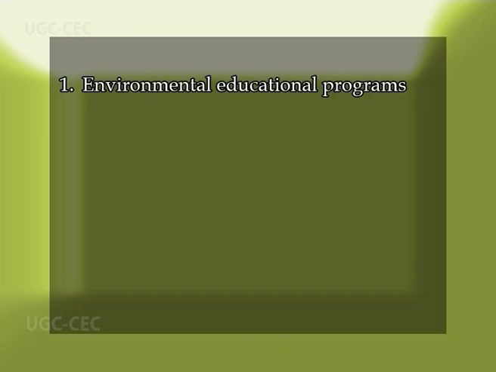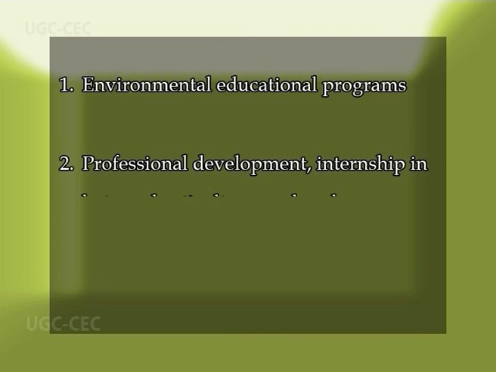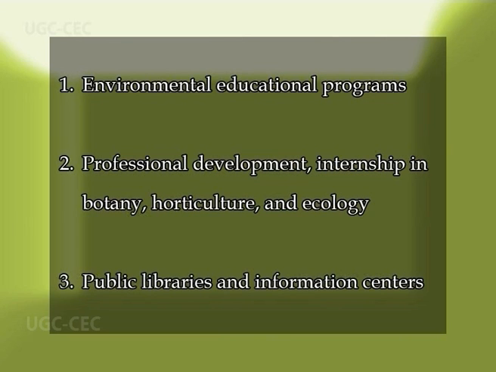Number 3, education and public awareness promotion. Under this heading, the following points are to be studied. First, environmental education programs. Second, professional development, internship in botany, horticulture and ecology. Third, public libraries and information centers. Fourth, facilities for recreation and rehabilitation.